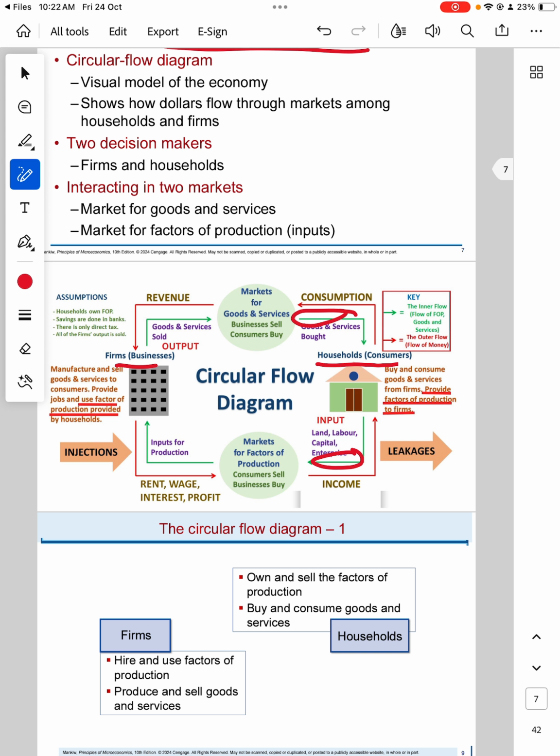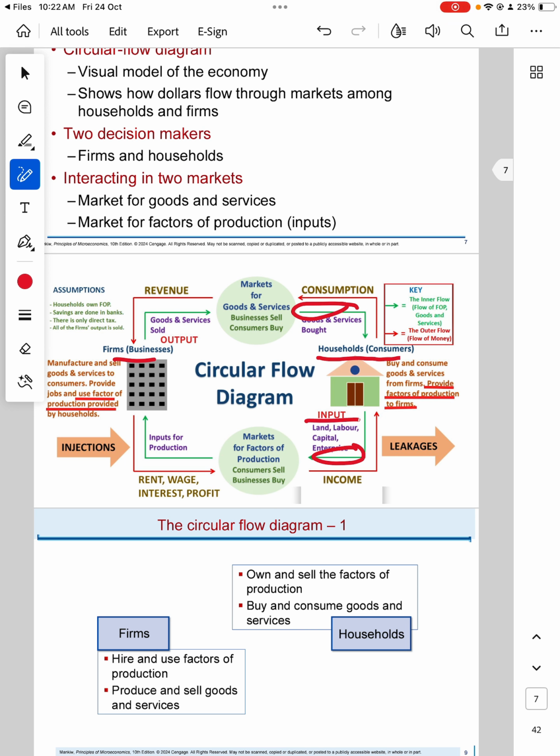Input is the provision of factors of production. What are the factors of production? They are land, labor, capital, and enterprise. So it begins like that. What's our output? Output is here. Output is goods and services that are produced. So the circular flow will begin in this way.